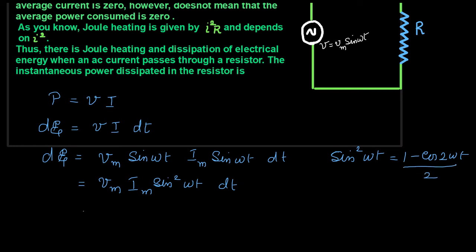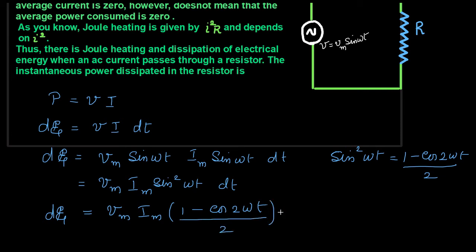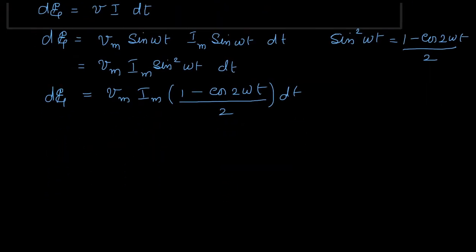Substituting this, we write dE is equal to Vm Im into (1 minus cos 2 omega t) whole divided by 2 into dt. Then what is the total energy over a complete cycle of AC?